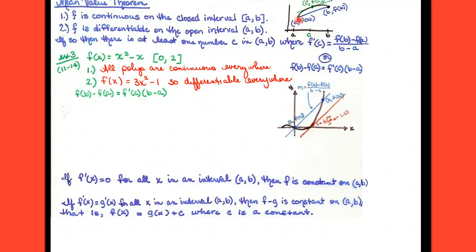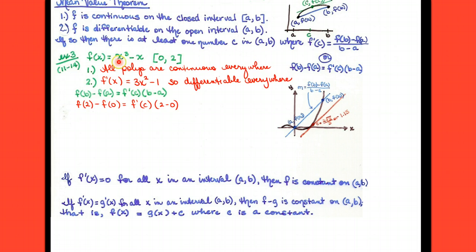Okay? So if you're not a fraction fan, you could multiply both sides of this by b minus a and write it in this form. So you'll see the mean value theorem written both of these ways. The one they're using in the textbook is the second version, so we'll go with that. So we could say, okay, a was 0 and b was 2. So let's put those in. 2 for b, 0 for a, 2 for b, 0 for a.